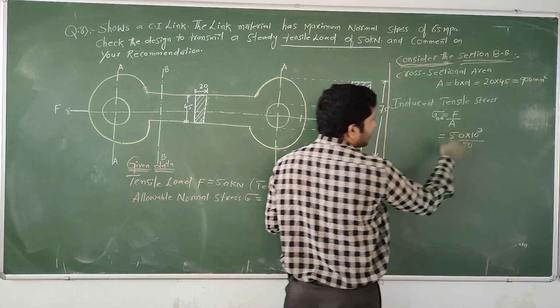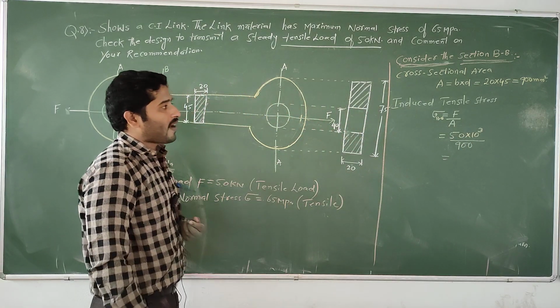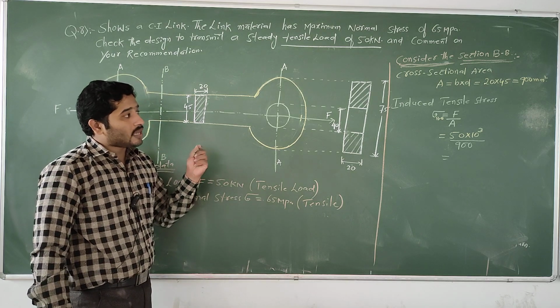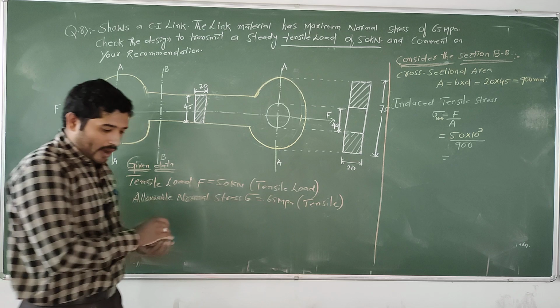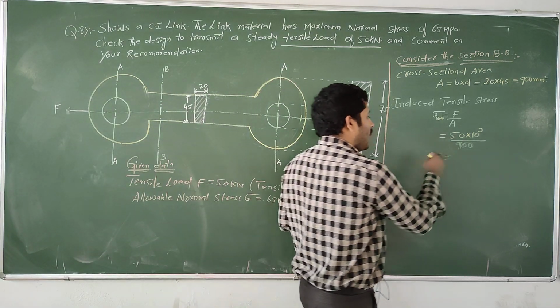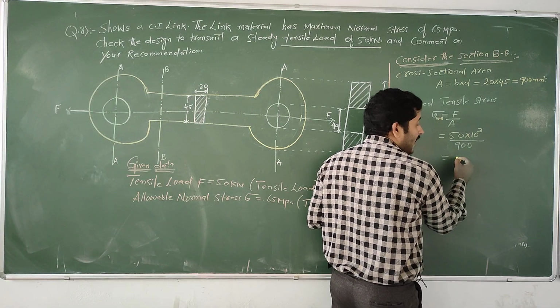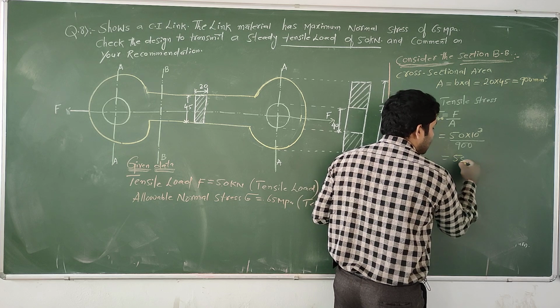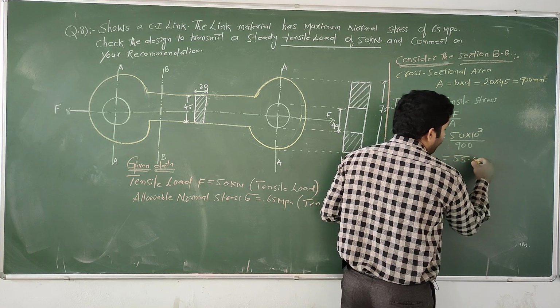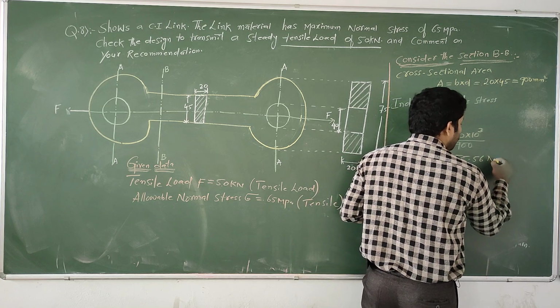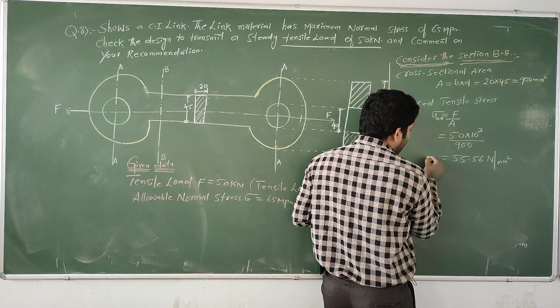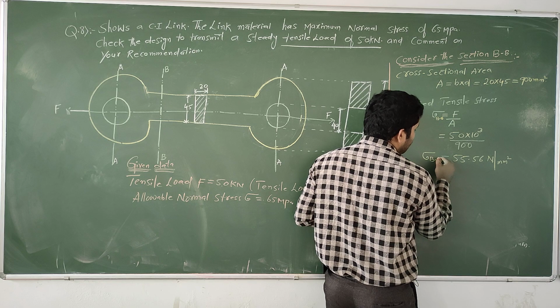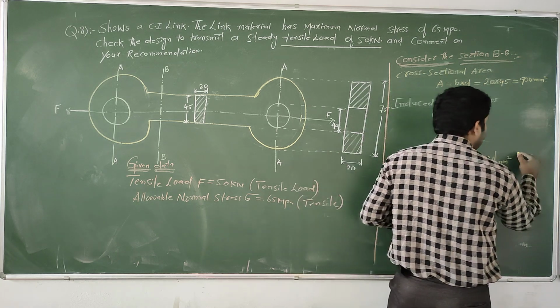If you divide, you can easily find out how much stress is induced at section B minus B. So if you divide using the calculator, you will get the answer 55.56 Newton per mm square. It is tensile in nature.